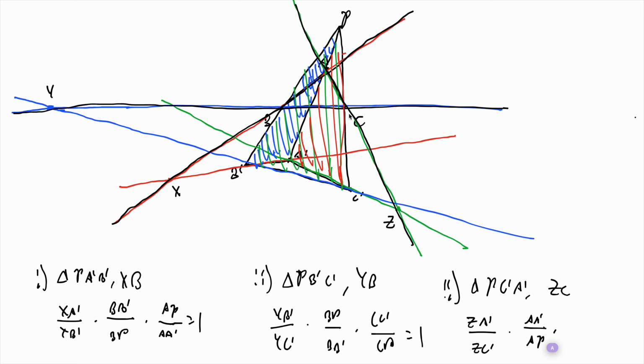So we have CP and CC prime equals 1. Oh wait, I think I flipped it. Oh, yes, I flipped them. Sorry. We have CA, AB. So we have this over.